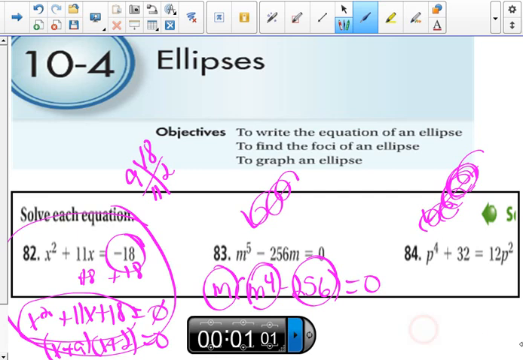There we go. Alright, so when we look at this one, we've got to put this in order. So subtract 12p squared from each side, and you're going to get p to the 4th power minus 12p squared plus 32 equals 0. Right? So you have to look at this. Does this follow that perfect square formula?